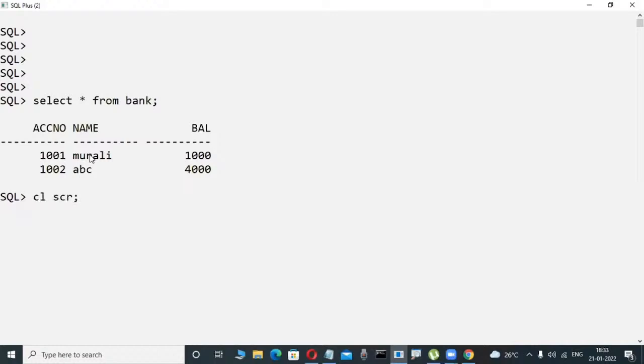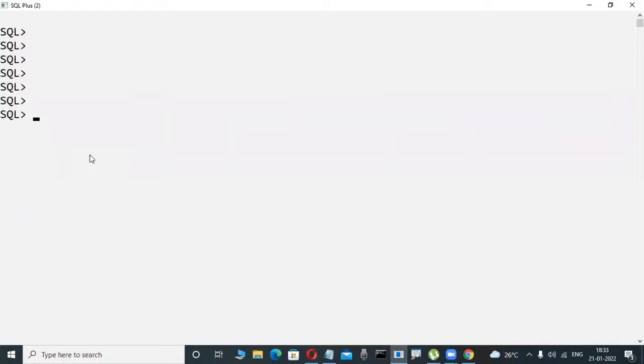Today I'm creating one table, for example, with a table name. Some syntax I know, that's why I'm creating a table.